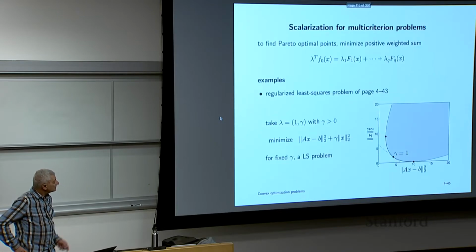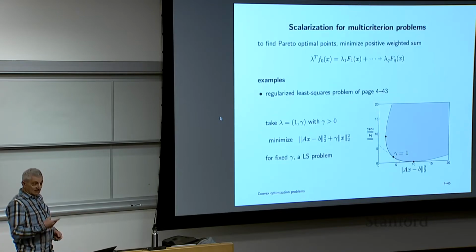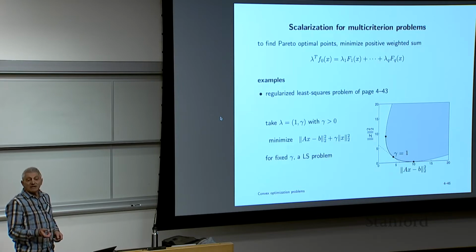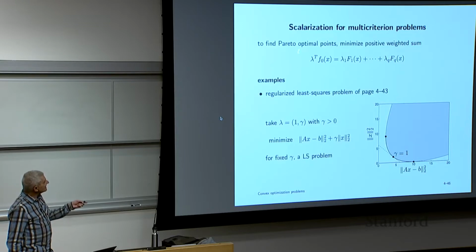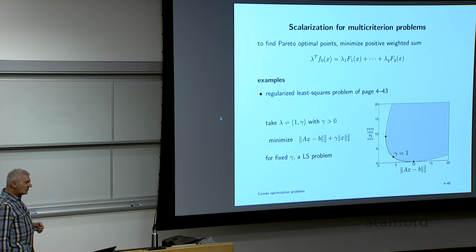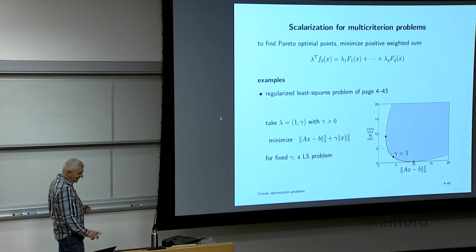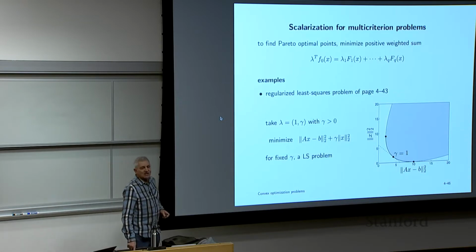Well, I will take a positive 2-vector. By the way, I can scale that vector by any positive number, and when I solve this problem I'm just going to get a multiple of this. So without loss of generality, I can make the first one 1. People often interpret the first objective as their primary objective.